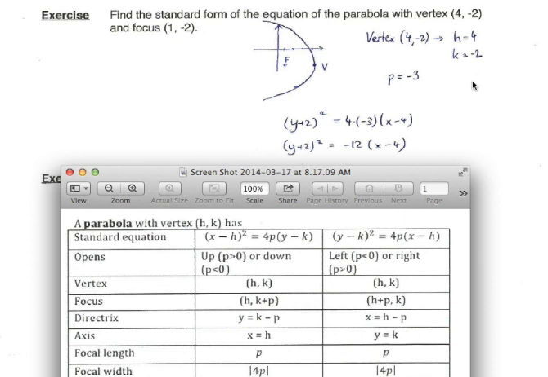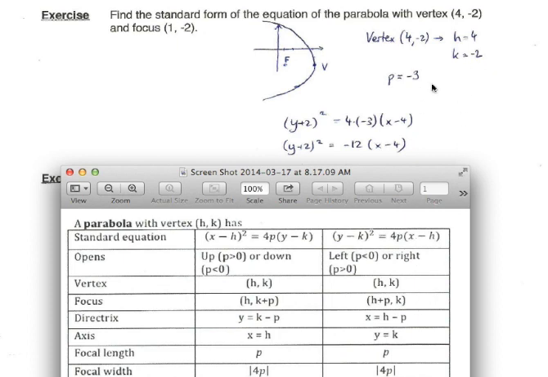And finally, p is the distance between the focus and the vertex, and you can use this formula: h plus p has to be equal to 1 and k equals negative 2. You can find that p equals negative 3.